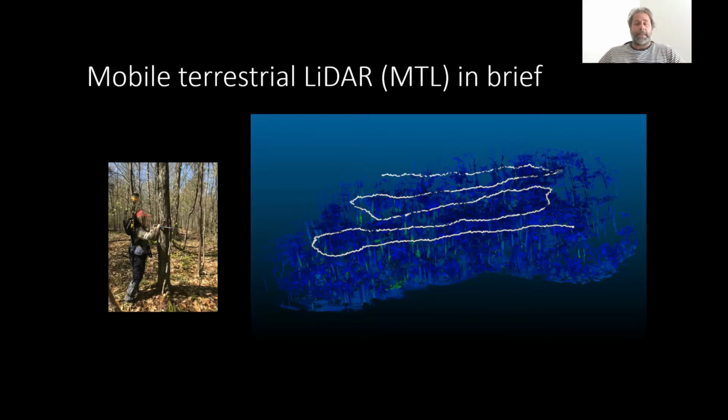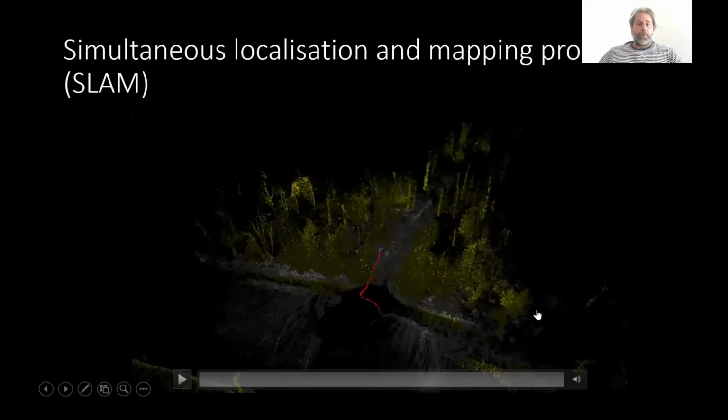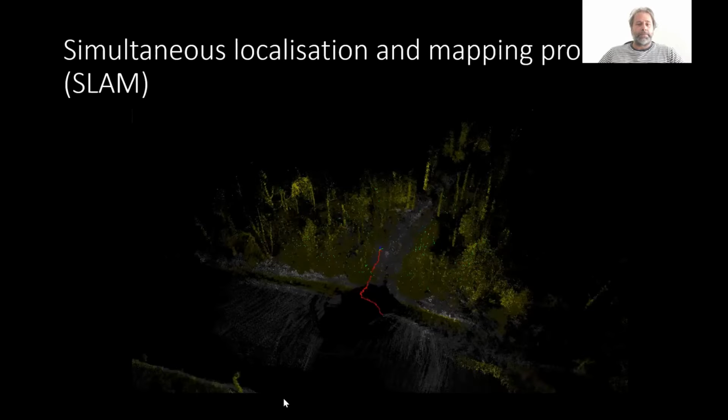And how do you make sense of all that? You do it with what we call, that's very annoying here. Okay, with what we call simultaneous localization and mapping, and this is what we call a SLAM.